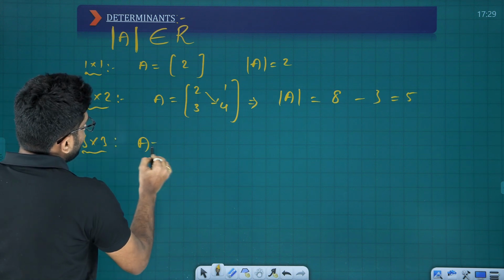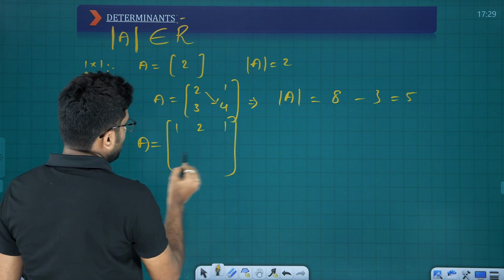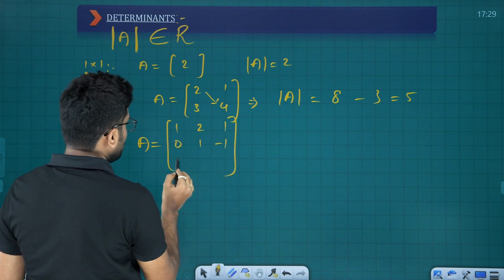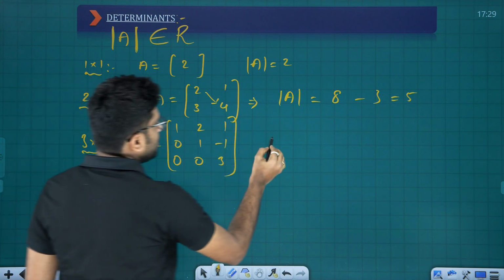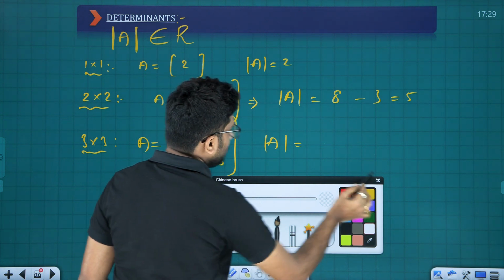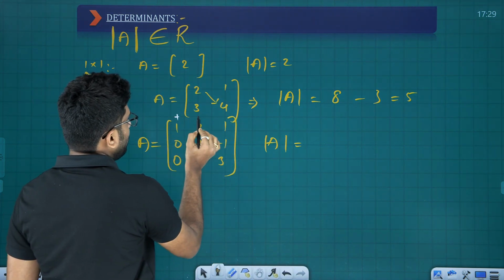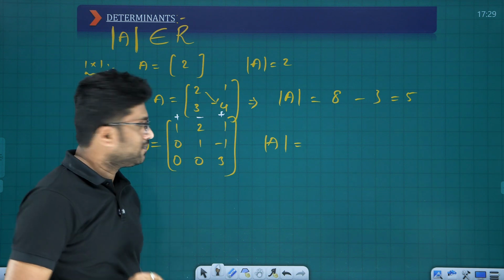So if we have a 3 by 3 matrix, in general, 1, 2, 1, 0, 1, minus 1, 0, 0, 3. Now the determinant of this matrix, we can expand by any row or any column. If we expand by the first row, we take plus minus plus. This is the initial stage of finding a determinant.